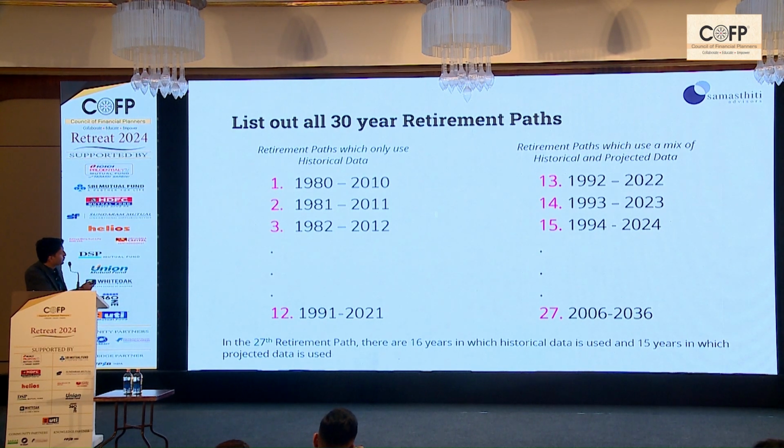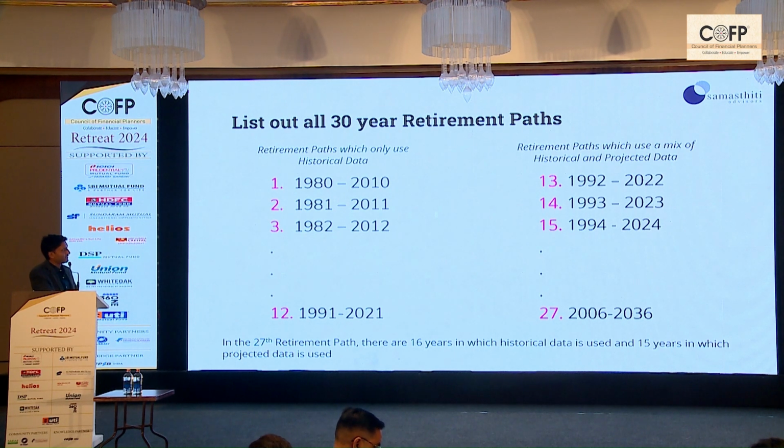So you only have 12. So from 1980 to 2010, that's the first retirement period or path. Similarly, I did this study in 2022, so I stopped at 2021. So 1991 to 2021, that's the last full period. 12 is too small a sample for doing a systematic or a rigorous study.